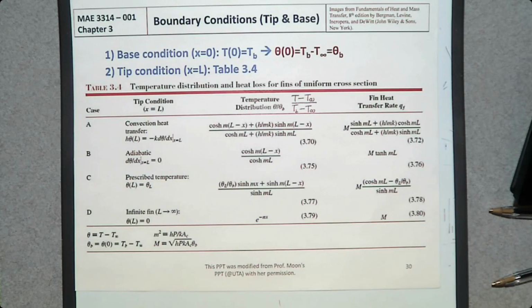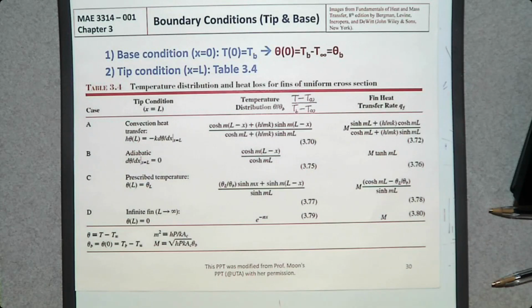So depending on the problem statement, you need to determine which is the case of your fin. Then if you are required to determine the temperature at the fin, use these equations. If you are required to determine the heat transfer rate, then you can use these equations. Okay? Any question? That's the theory part.